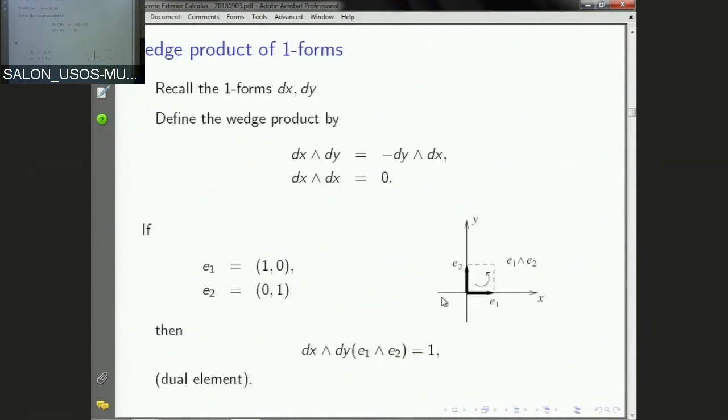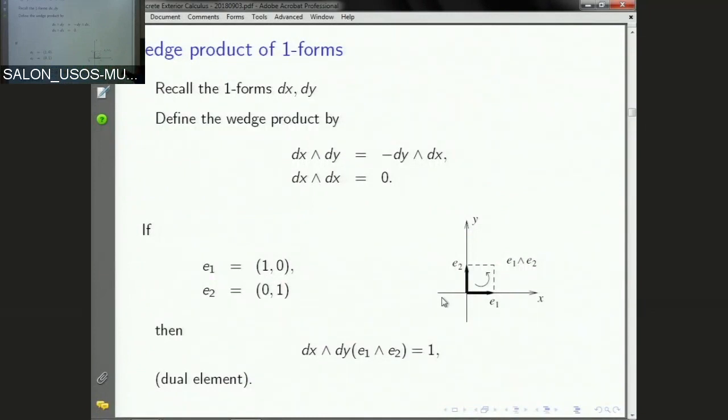Now, with the one forms I told you about, dx and dy, they turn out to be the dual elements, in terms of vector spaces, of the vectors E1 and E2, because this one responds 1 to the question posed by dx, and also responds 0 to the question posed by dy, and the other way around with E2. So dx and dy are elements of the dual vector space of R2.